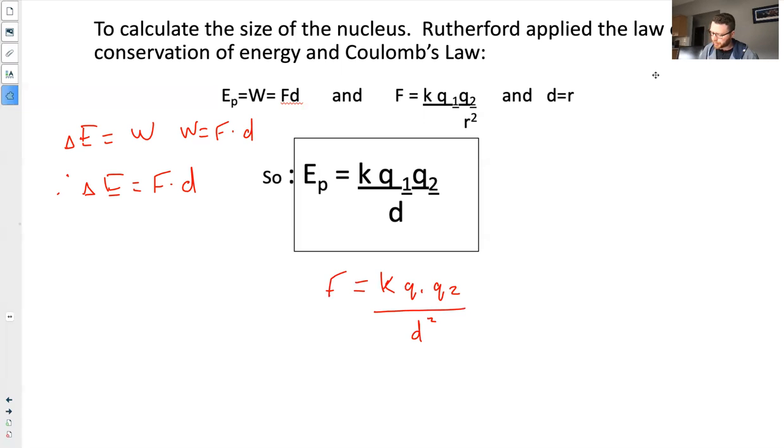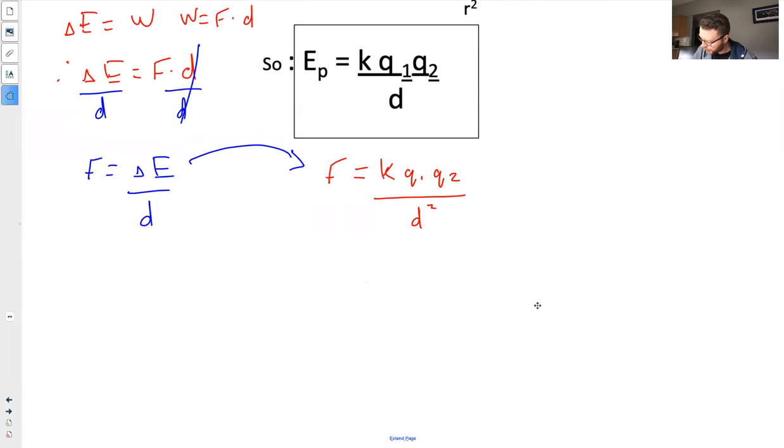And let's manipulate delta E is equal to force times distance. So it's written in terms of force. So divide both sides by D. And we get force is equal to change in energy divided by distance. So we will substitute that into this formula here. So delta E divided by D is equal to K Q1 Q2 divided by D squared.